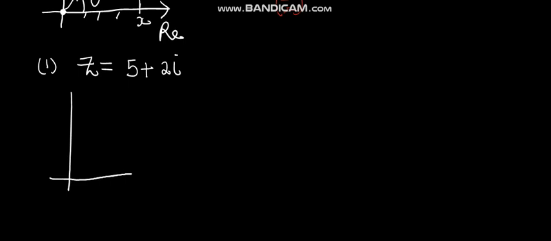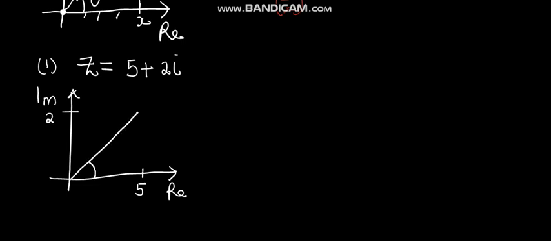Example 1. We need to find the argument of z, where z is equal to 5 plus 2i. So we shall sketch our Argand diagram. On the real axis we have 5, and on the imaginary axis we have 2.